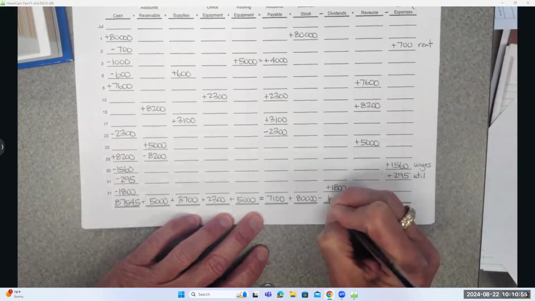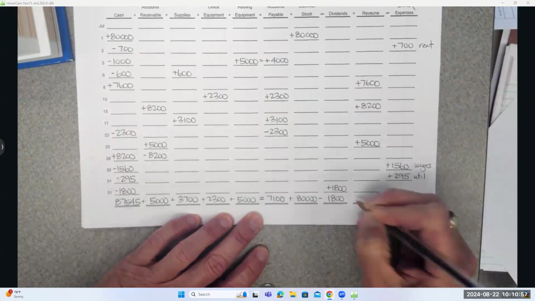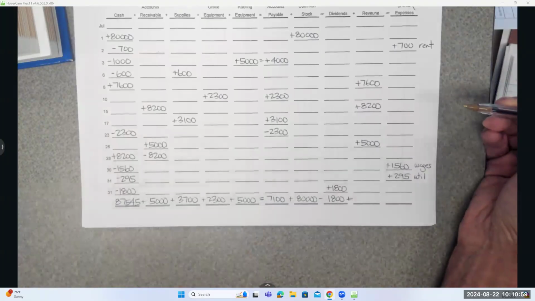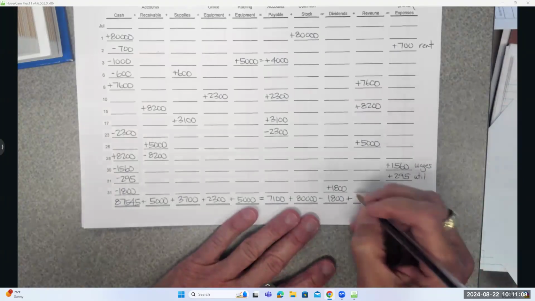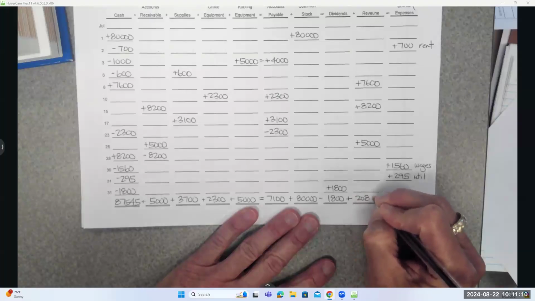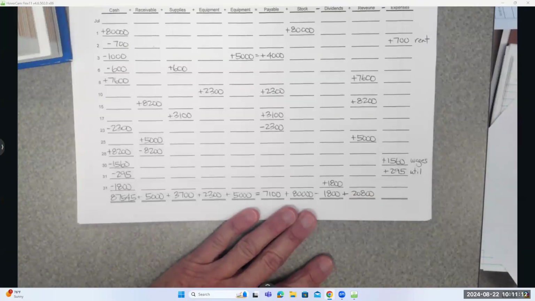We paid dividends of 1,800. We earned a total of $20,800 during the month.